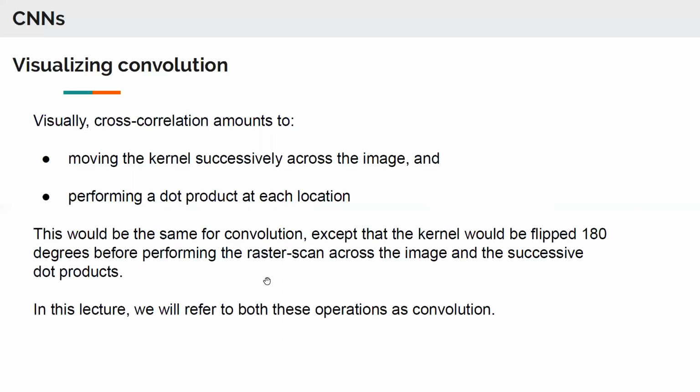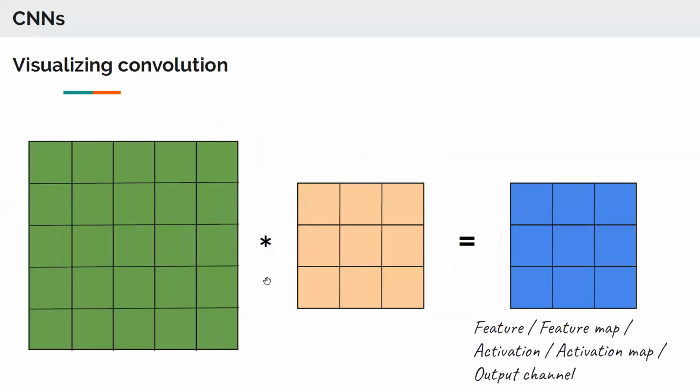If we had to do the same for convolution, it would be exactly the same, except that we would have to flip the kernel 180 degrees to account for the reversal of the kernel function. But as we said, in practice it doesn't make a lot of difference, and therefore we will continue to call both these operations convolution.